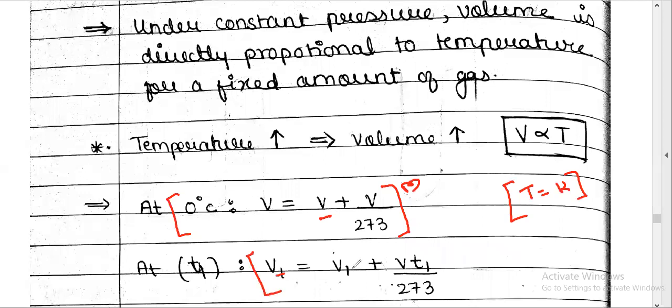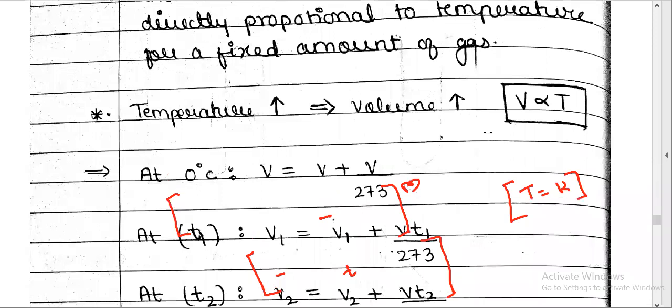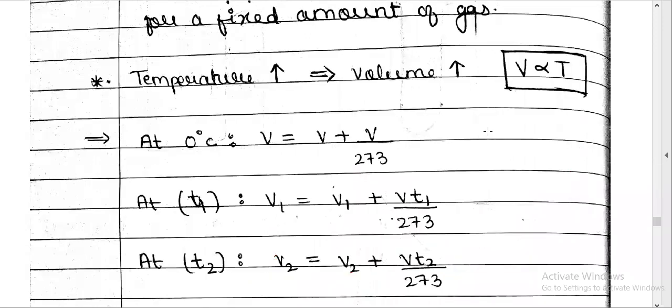At any temperature T1, the volume is V1 = V0 + V0T1/273, and at temperature T2, V2 = V0 + V0T2/273. Here V0 is the volume at 0 degree centigrade.